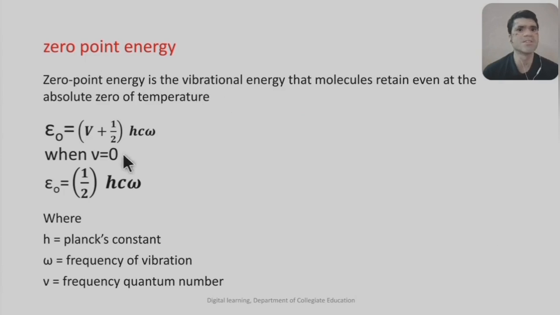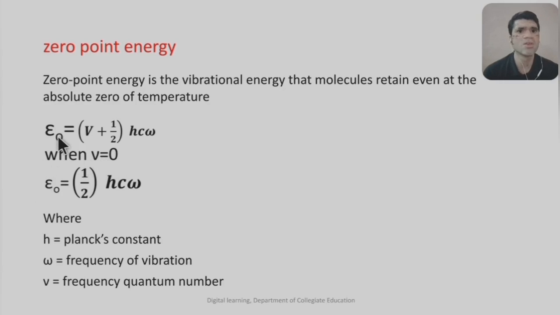Zero point energy. Zero point energy is the vibrational energy that a molecule retains even at absolute zero temperature. At absolute zero, the energy of the molecule is not zero. Instead, it is 1/2 hc omega. So even at absolute zero, the molecule retains some amount of vibrational energy.